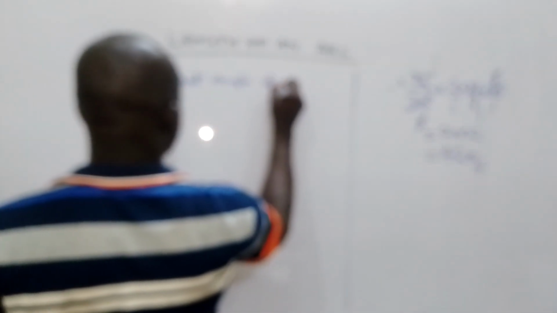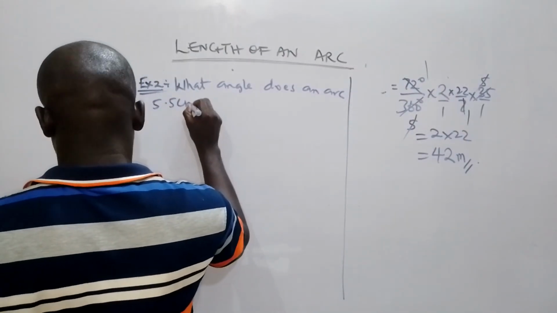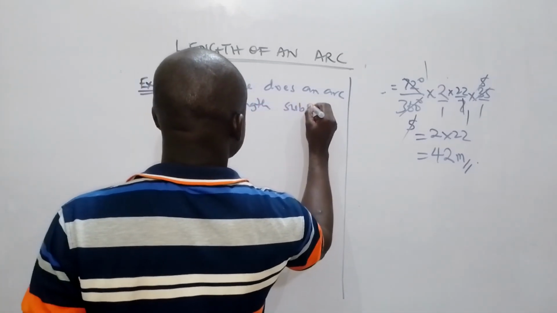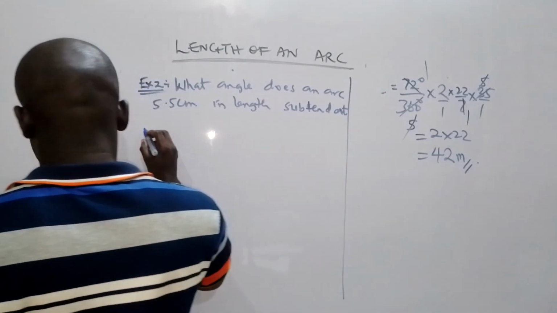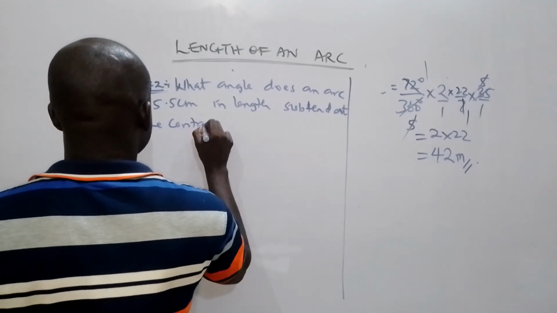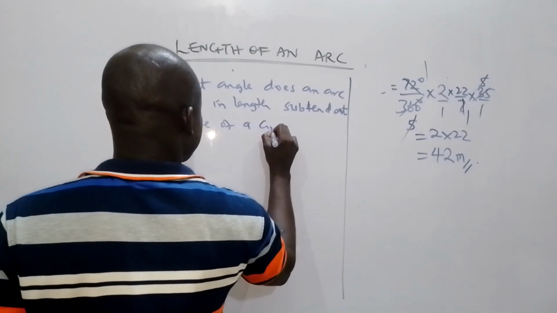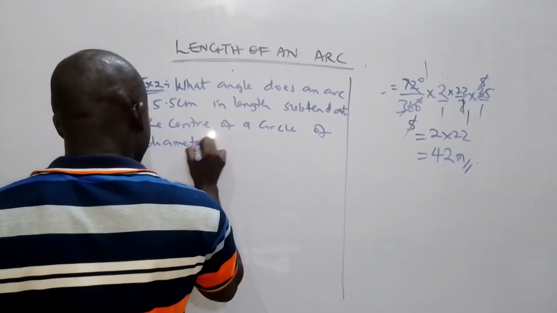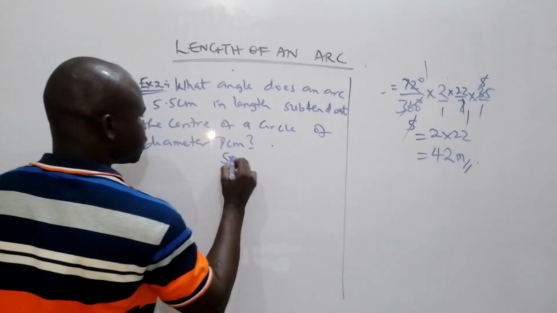The question says, what angle does an arc 5.5 centimeters in length subtend at the center of a circle of diameter 7 centimeters? That's the question.